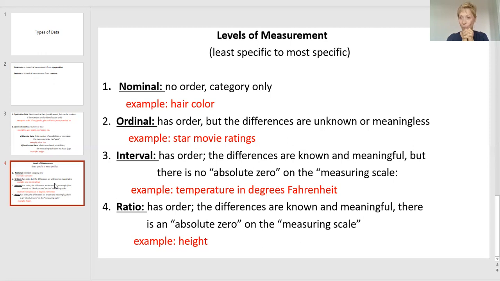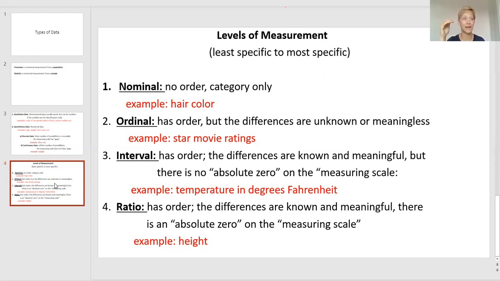But why is it not ratio? Well, think about the scale. If you've got a Fahrenheit thermometer, is there a 0 on that thermometer? There is. But can you go below it? Yes. That's why I say absolute 0. Absolute 0 means there's a 0 and there's nothing below that.